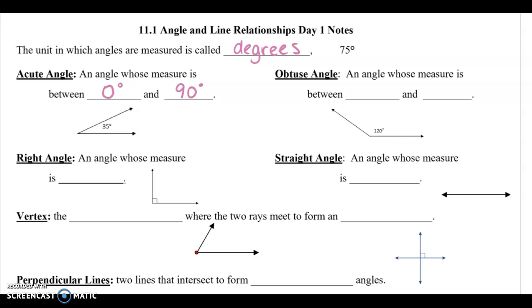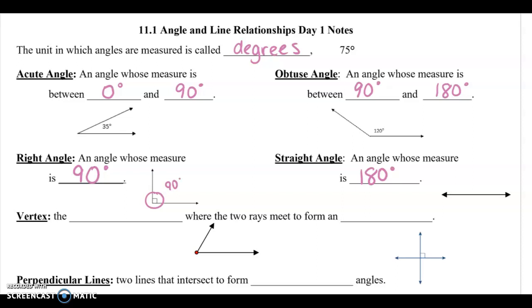It's not going to be a 0 angle or a 90 angle, it's all the ones in between. An obtuse is between 90 and 180. A right angle is exactly 90 degrees, and you're going to see that box there. Okay, that's important. That box can also tell us that this is 90 degrees, and you've seen that before in elementary school. A straight angle is a straight line, and it always equals 180 degrees.